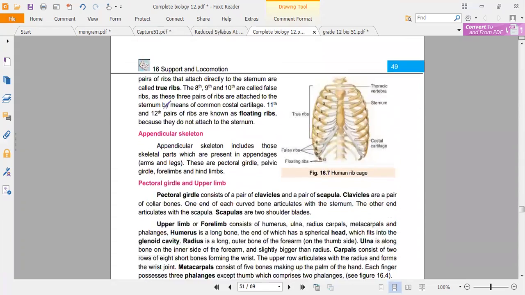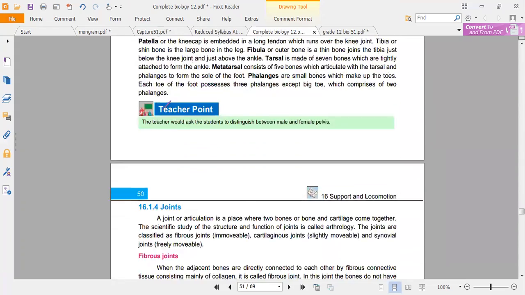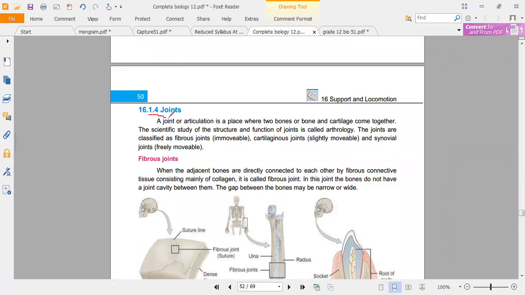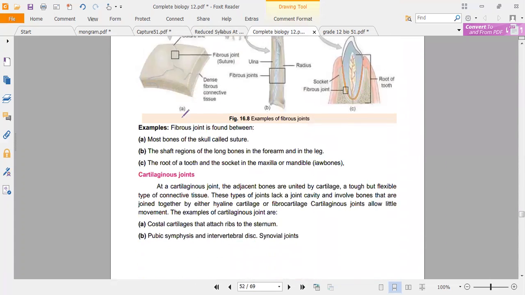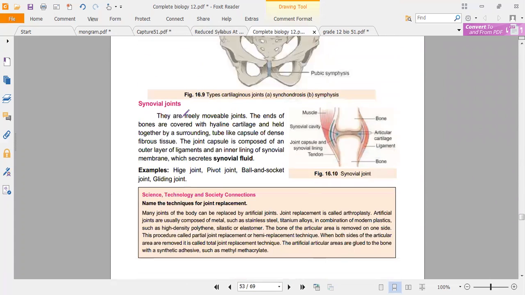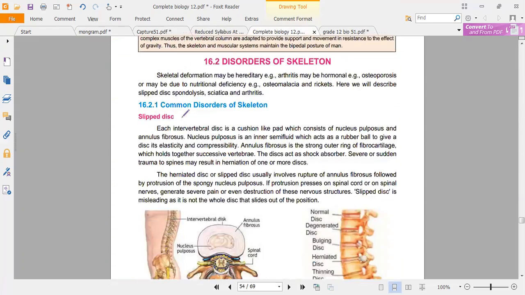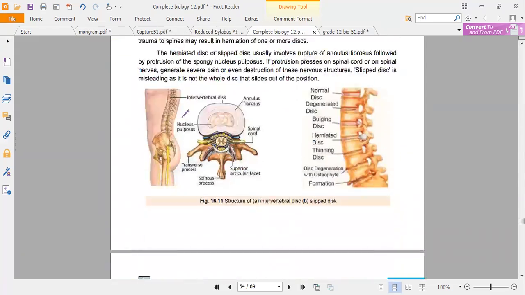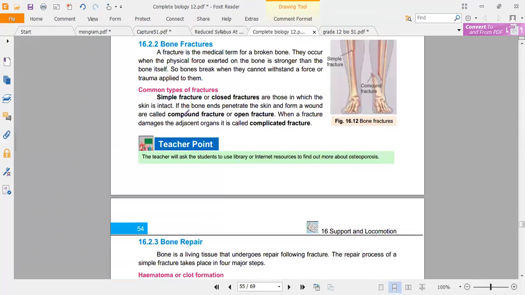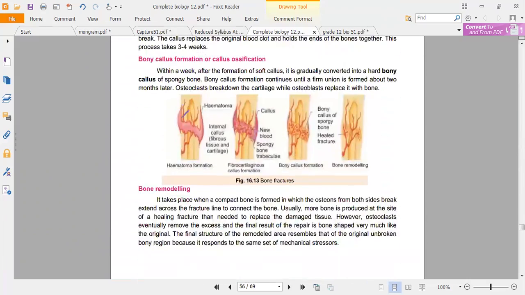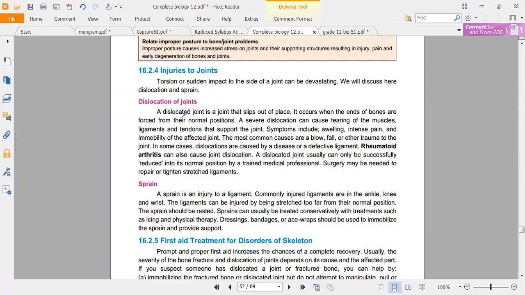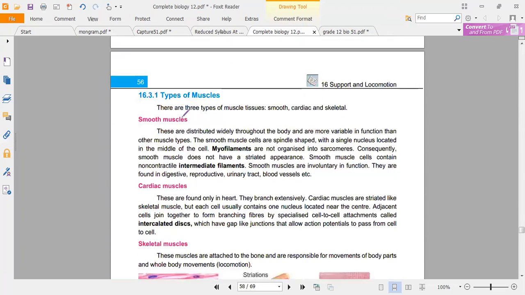And all that will be included up to appendicular skeleton, and the joints are also included here: the fibrous joints, cartilaginous joints, and synovial joints. So disorders are not included, bone fractures are not included, and bone injuries are not included.